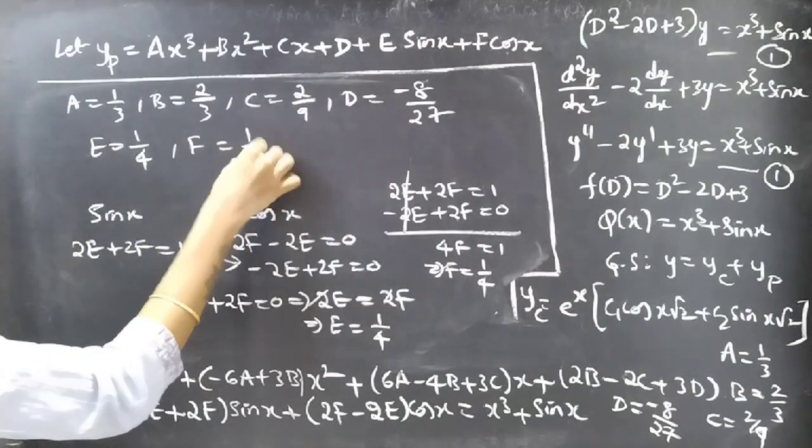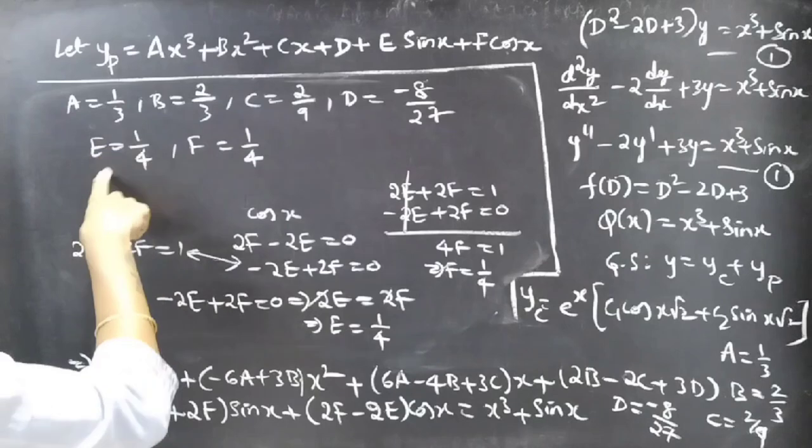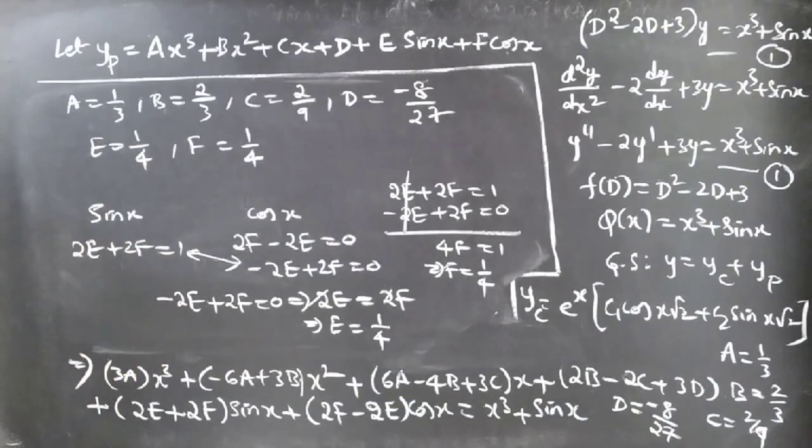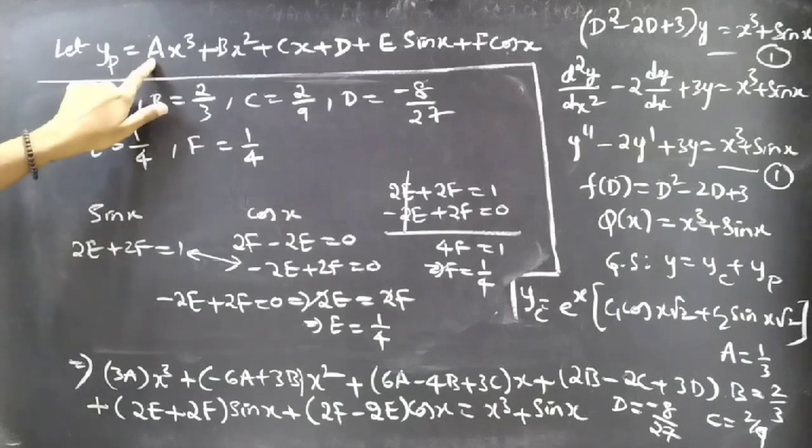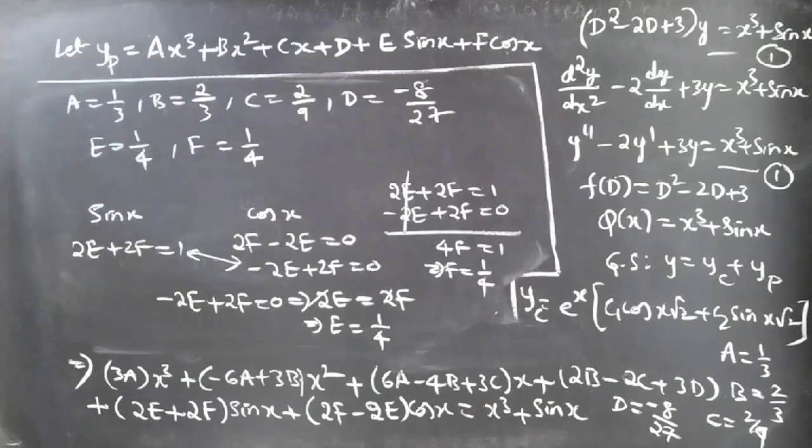So we got the values of unknowns a, b, c, d, e and f, right? Now we can find the actual yp by substituting the values of unknowns in yp, which gives the required yp of the problem.